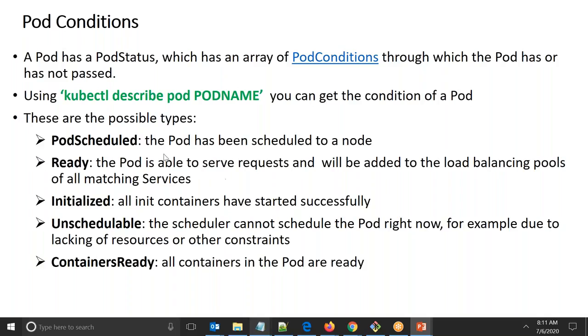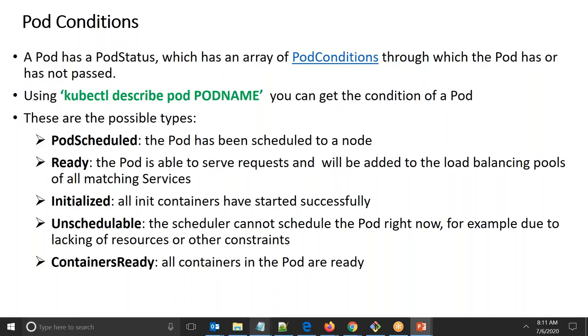And as the name says, what is pod scheduled? If a pod has been assigned to a machine, then we call it pod scheduled. And in that, when your pod is completely ready so that it can go ahead and create the containers, then it's called ready. And in case you have init containers, then it would be mentioned as initialized, so that, okay, I have started my init containers and I have completed.